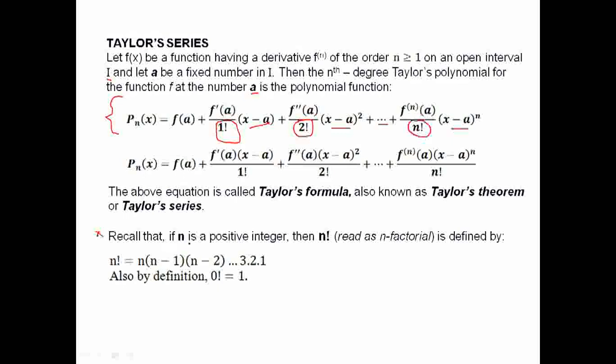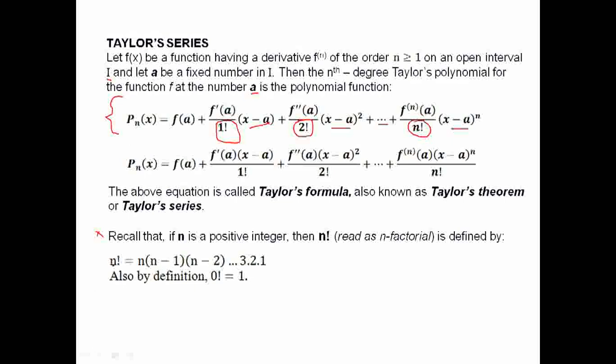Recall that if n is a positive integer, then n exclamation mark, which is read as n factorial, is defined by n factorial is equal to n multiplied by open bracket n minus 1 close bracket, then again multiplied by open bracket n minus 2 close bracket.